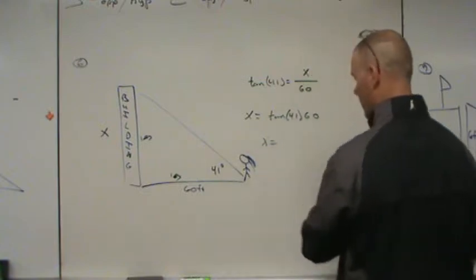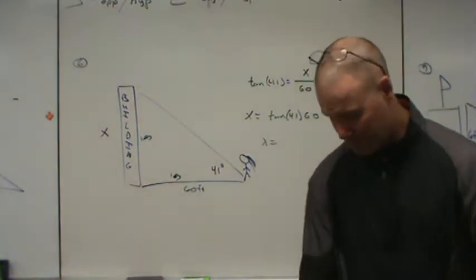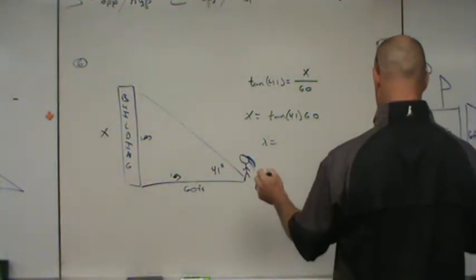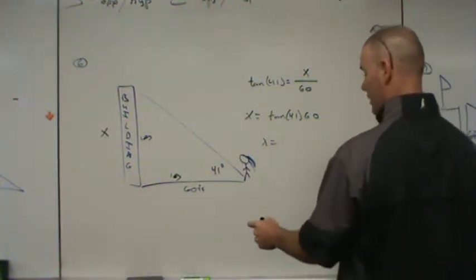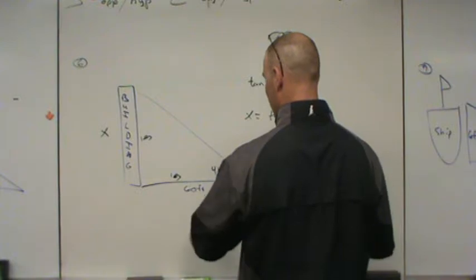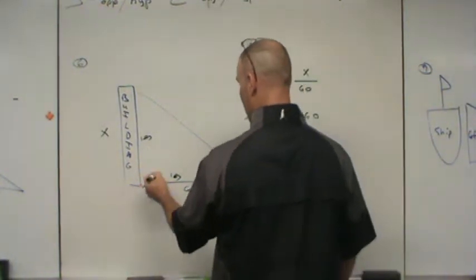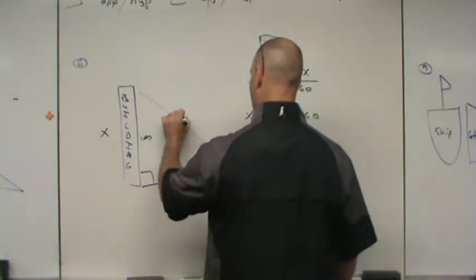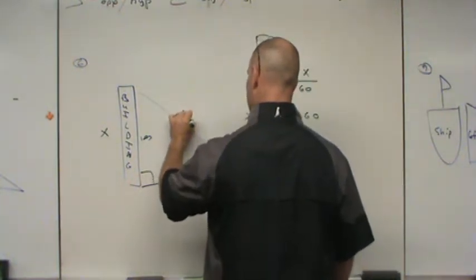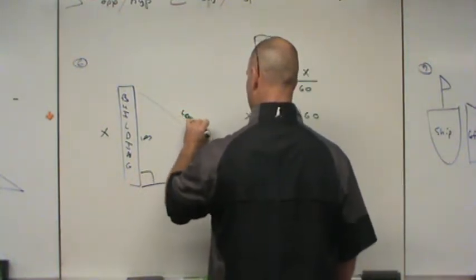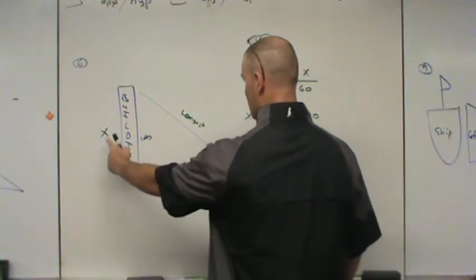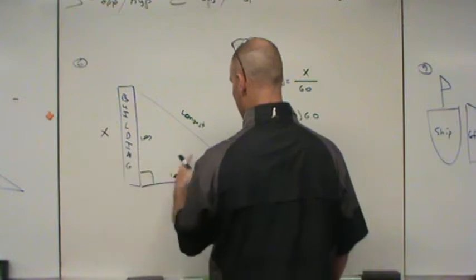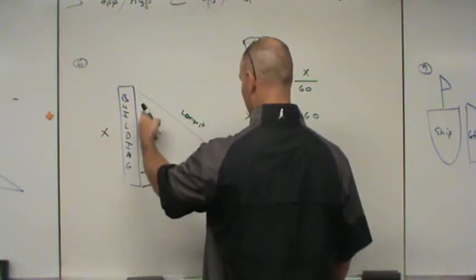In your calculator, it spits out what the answer is. Let's go back and you be the judge. If this is my 90-degree angle and this is 41, obviously the longest side is the hypotenuse. So which leg should be longer? Should it be 60 feet or should it be X? That's based on this angle up here.